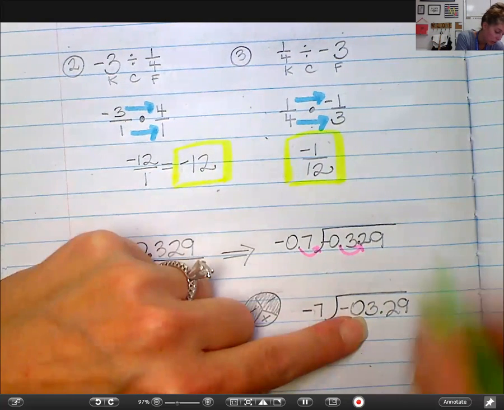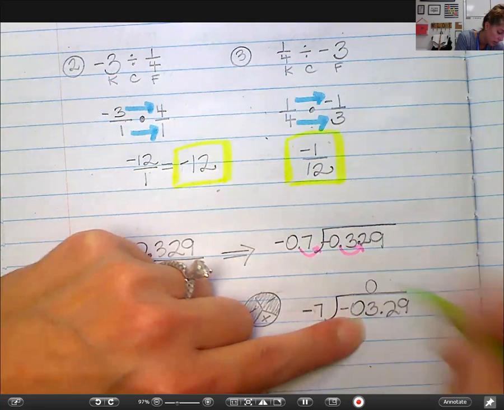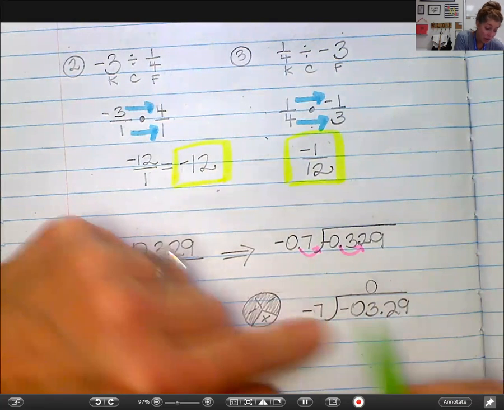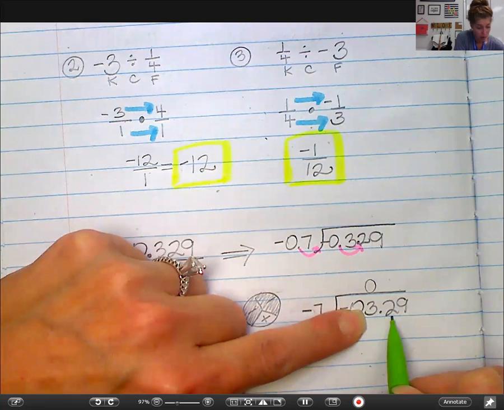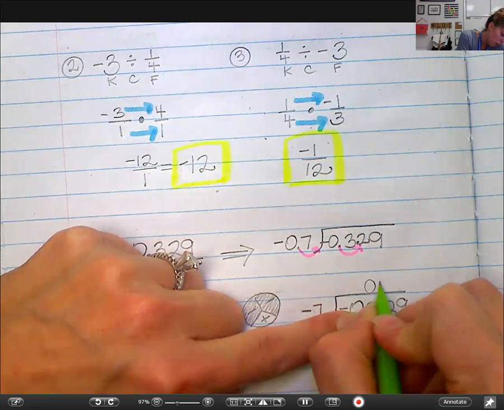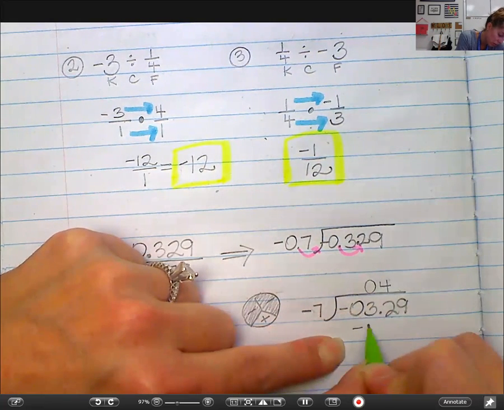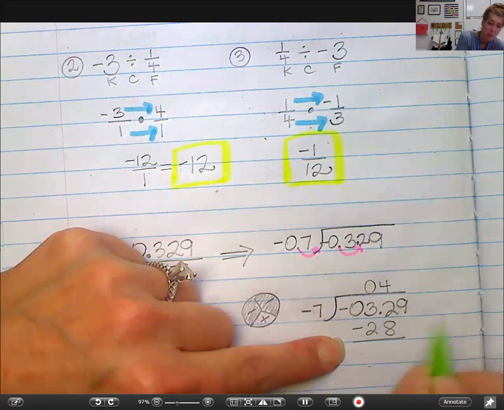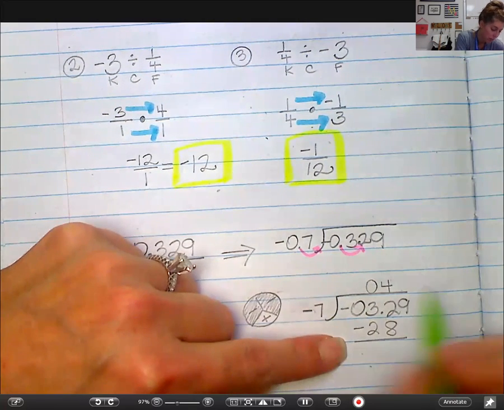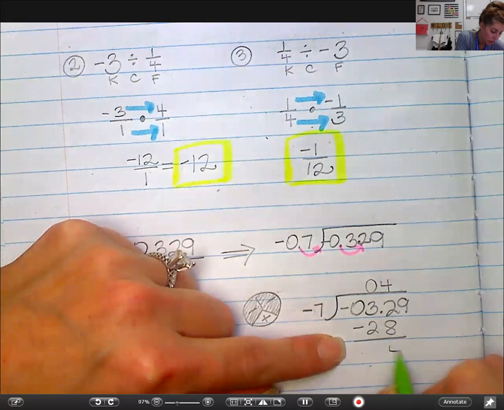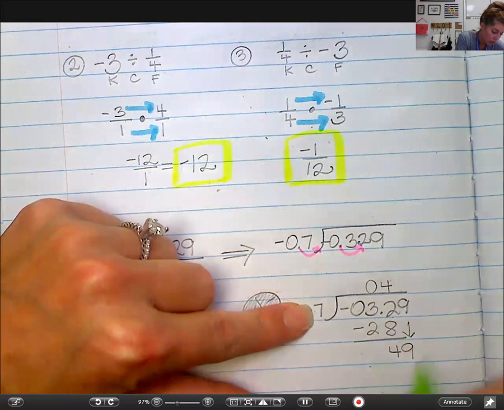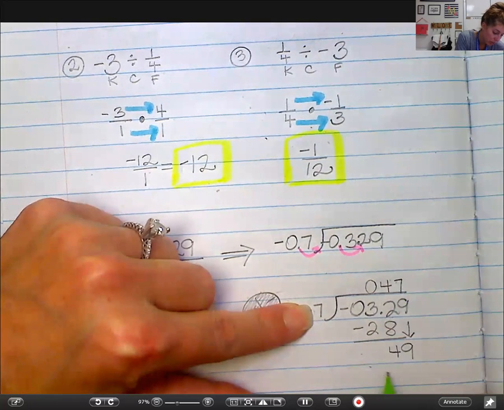7 does not go into 3. Put a 0. It does go into 32, 4 times. We'll subtract 28. Notice I'm not worried about the decimal just yet. 32 minus 28 is 4. Bring down the 9. 7 goes into 49 7 times.